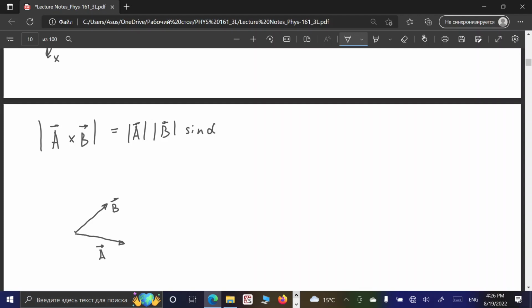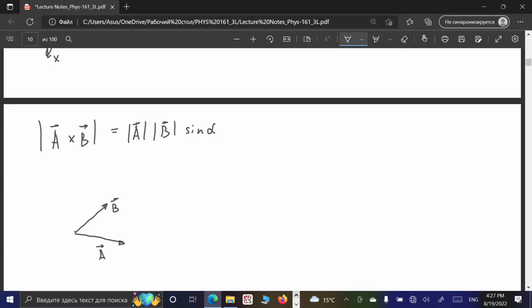Now we have just some plane in the three-dimensional case, which goes through vectors A and B. And now we want to have the cross product of these two vectors. Let's say we want to find vector A cross product vector B. In that case, there is the so-called right-hand rule.